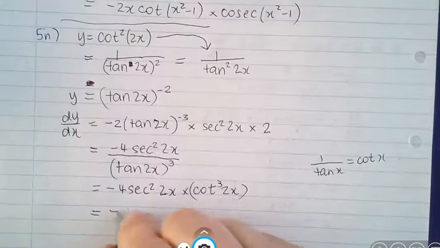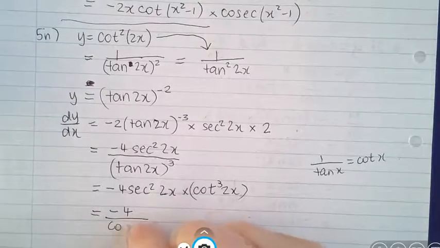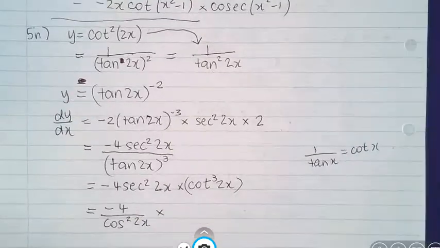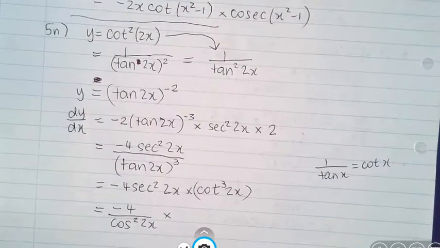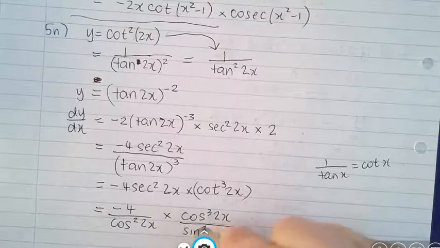Let's keep going. Negative 4. What's sec? 1 on cos. So I can just write the cos down the denominator. What's cot? Not sine on cos. It's cos on sine. So it'll be cos cubed 2x over sine cubed 2x.